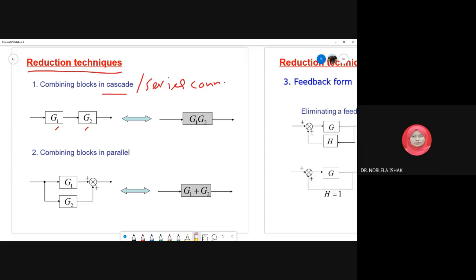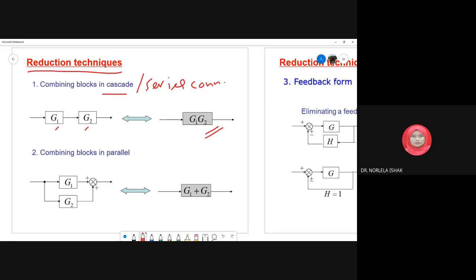You have two blocks and want to make one block, so G1 multiplied by G2. This is the result after we combine two blocks, if we have the blocks in cascade.